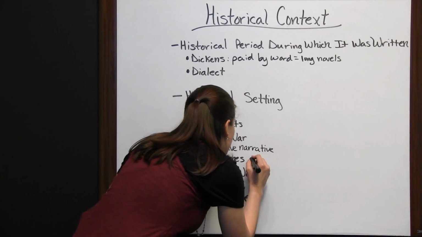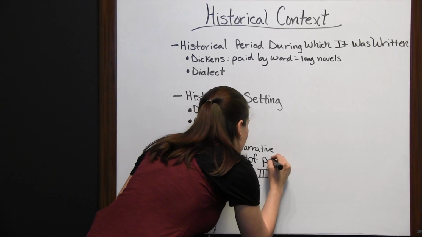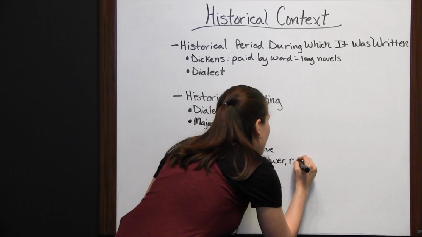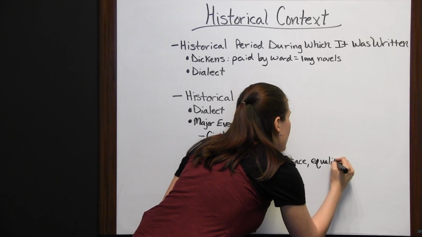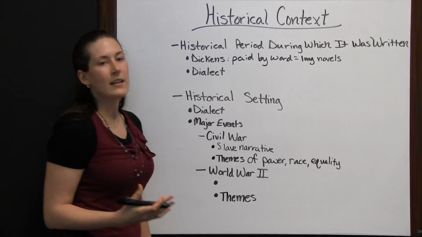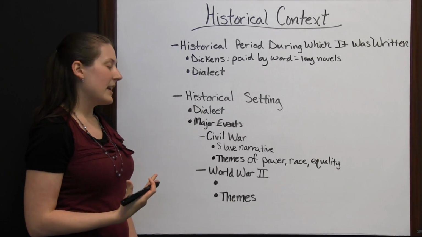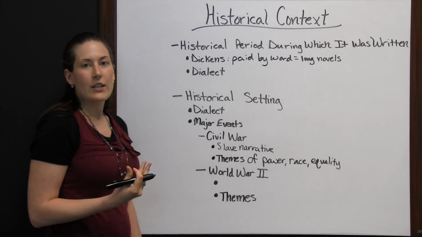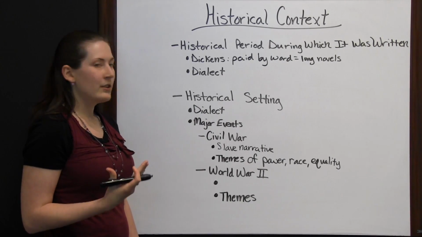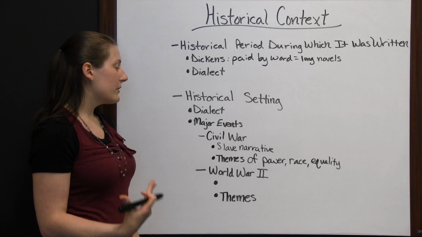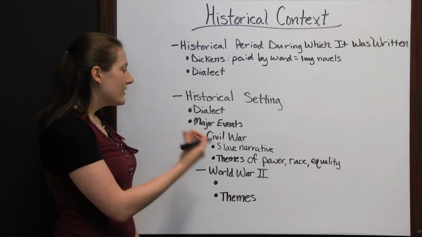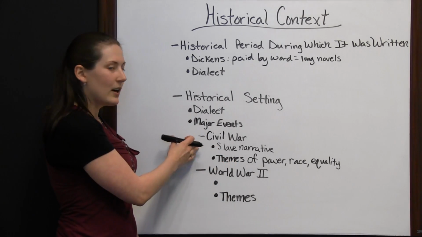A lot of times you'll see themes of power, race, inequality. Because when slavery ended, it was because people were saying, your skin color doesn't make you more or less of a person, or a better or worse person. Everyone's equal.